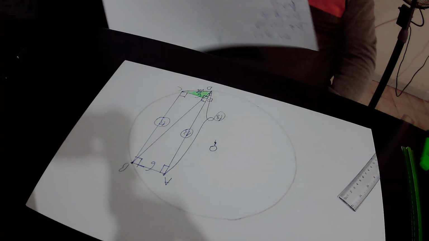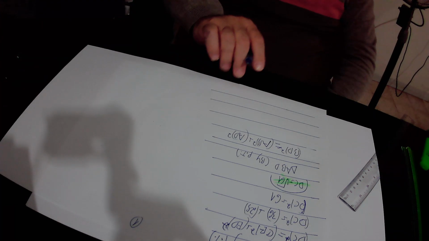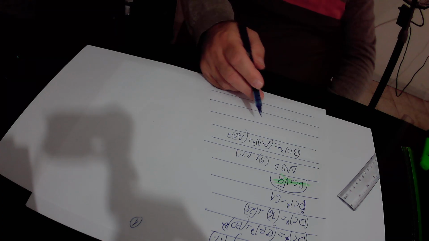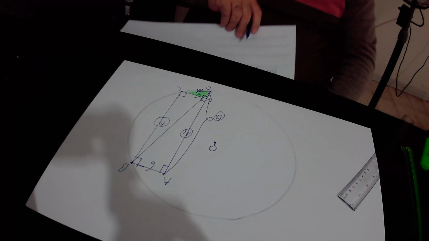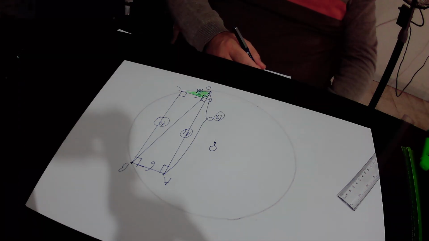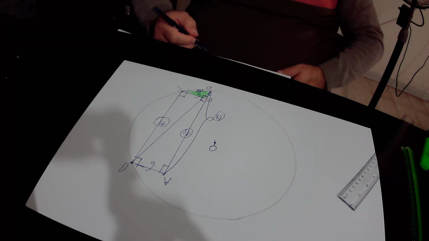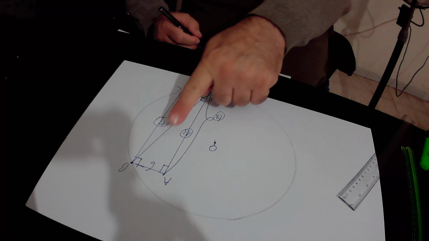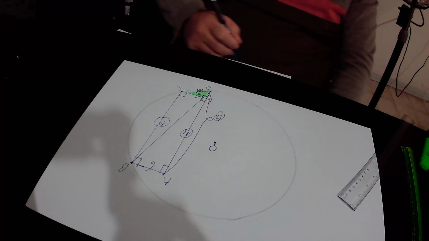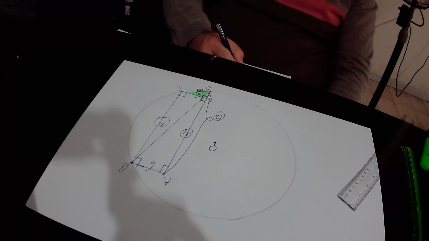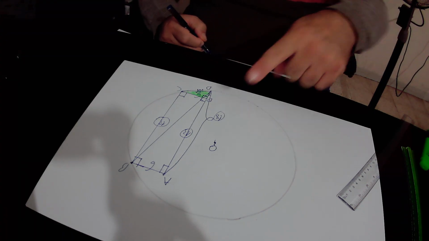In conclusion, according to the Pythagoras theorem, in the right triangle ABD, BD squared equals AB squared plus AD squared. So BD squared, that is the square of the hypotenuse of the right triangle ABD, equals AB squared. AB equals 6 units, therefore AB squared is 6 squared, that is 36, plus AD squared.